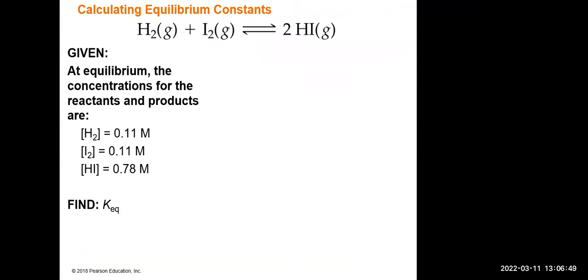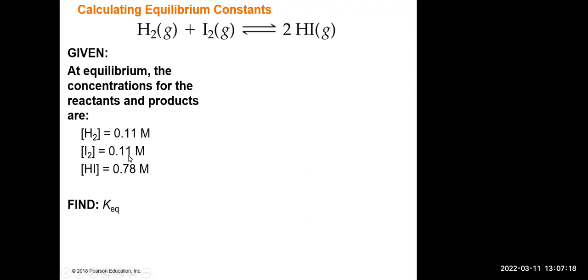So here we have one example. I want to calculate the equilibrium constant. We have this equation written, which is balanced and has the states. All three substances here are gases: this compound and these two elements. At equilibrium, the concentration of H2 is 0.11 molar, I2 is 0.11 molar, and HI is 0.78 molar.